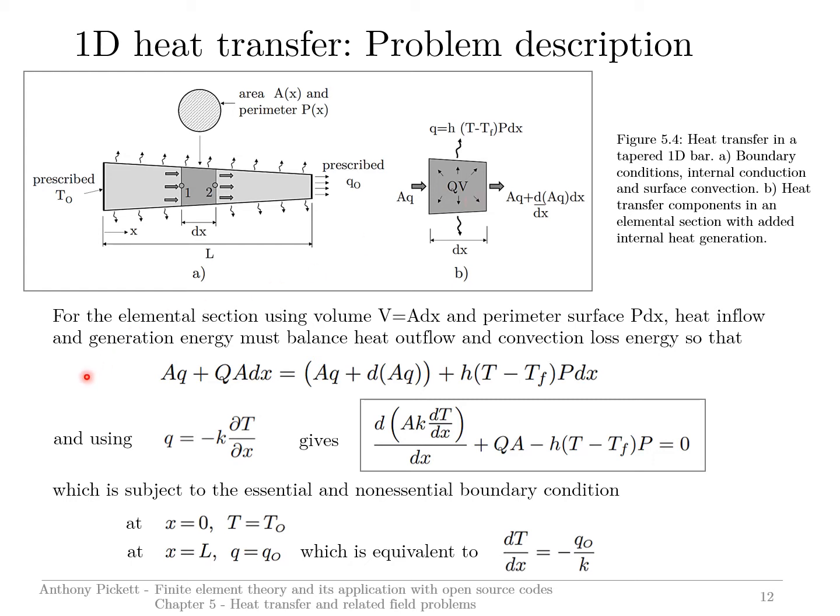This becomes our balance of energies, heat energies for this particular problem. This is our inflow. Here is our outflow. This is the additional internal energy created due to this heat source Q. And this is the heat loss flux around the perimeter due to convection.